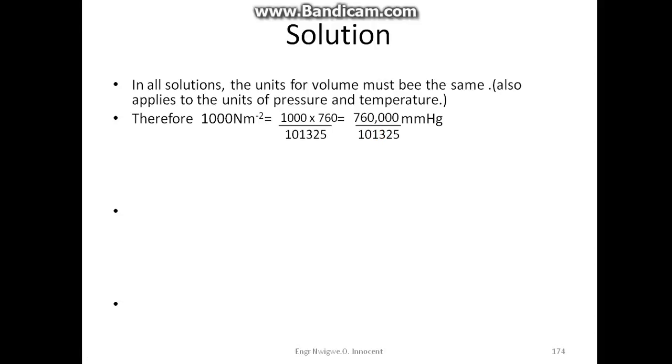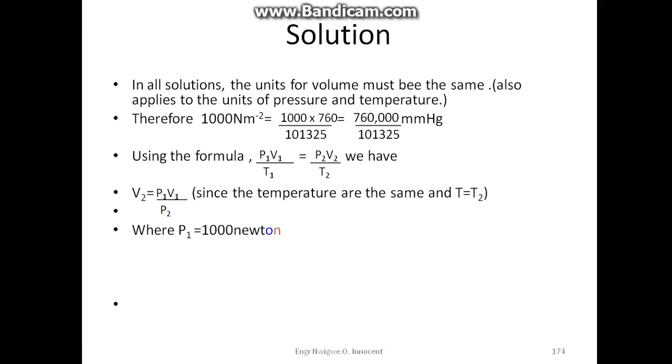Using the formula P1V1 all over T1 equals P2V2 all over T2, we have V2 equals P1V1 all over P2, since the temperatures are the same and T1 equals T2. Where P1 equals 1,000 Newton per meter squared, which equals 760,000 divided by 101,325 mm of mercury.